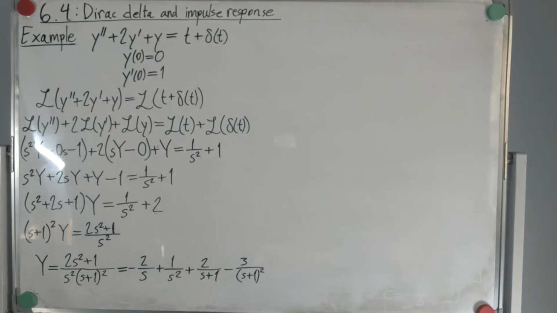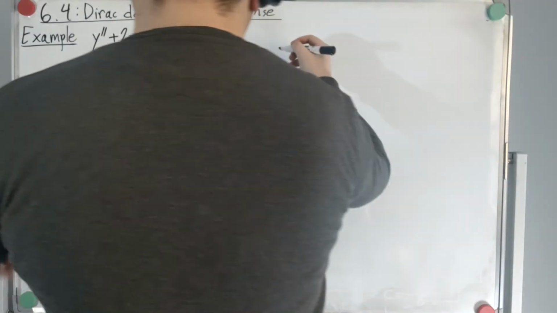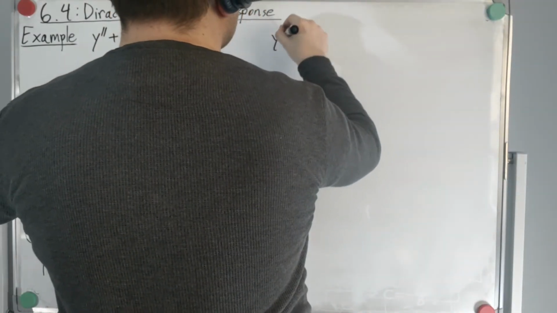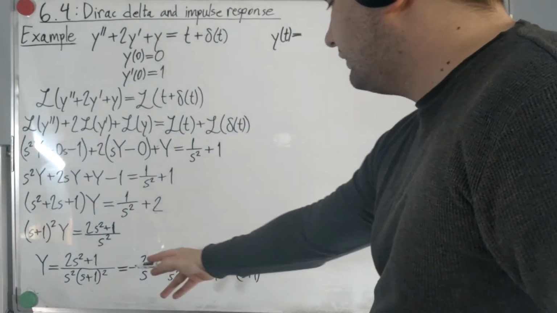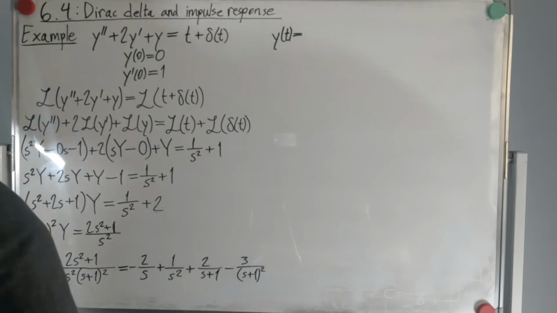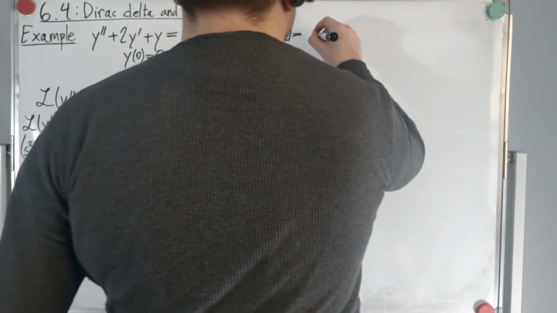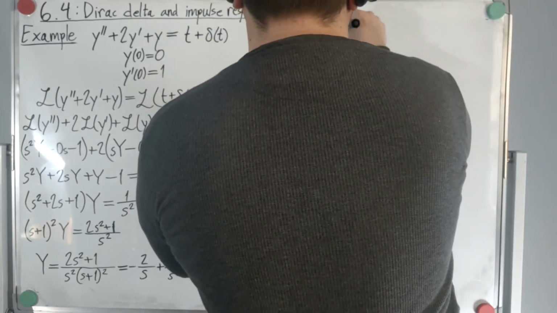Right, so we need to find the inverse Laplace transform of this thing. Well, we can start with the inverse Laplace transform of negative 2 over s, which is just negative 2. Inverse Laplace transform of 1 over s squared is just t.